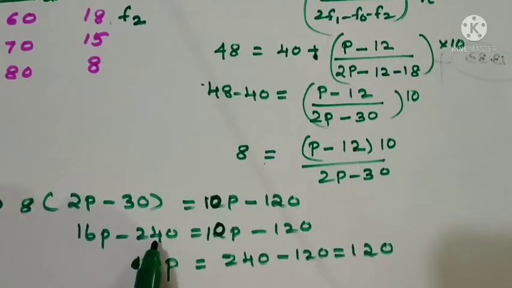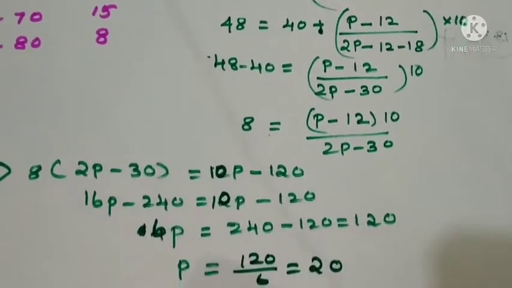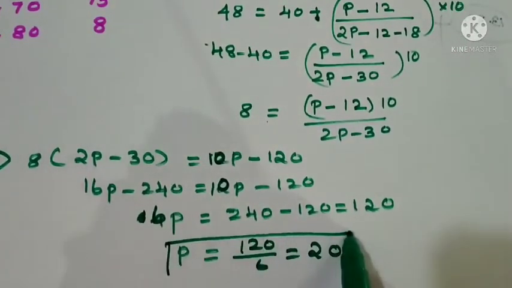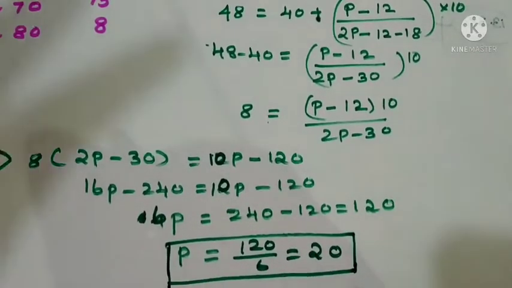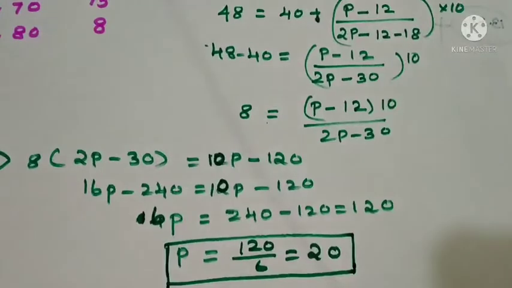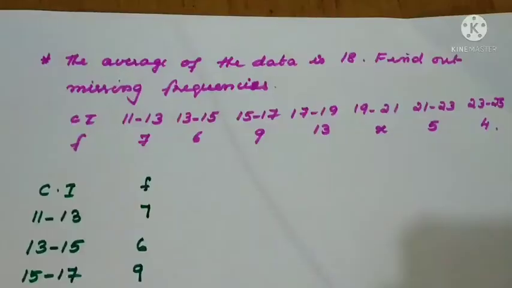So 16P minus 240 equal to 10P minus 120, that is 6P equal to 240 minus 120 equal to 120. So P equal to 120 by 6, which is equal to 20. So P equal to 20. If you understood the median formula for finding the missing frequency, it is the same rule, but here we have to identify the modal class. That is the first step. The remaining everything is formula only.